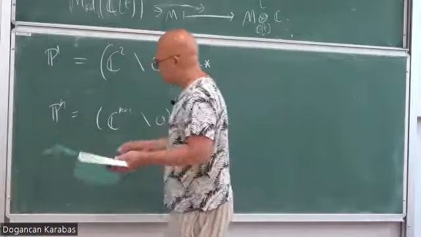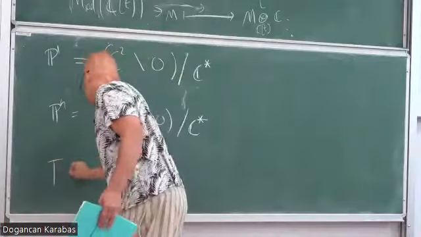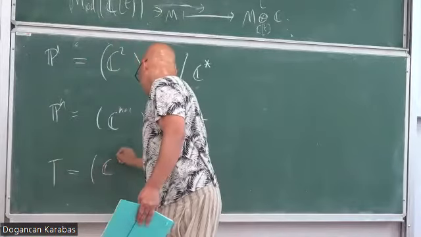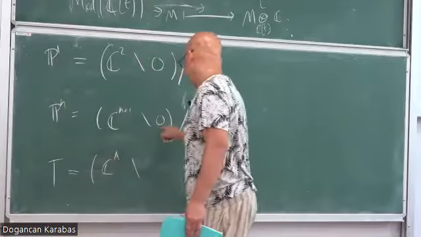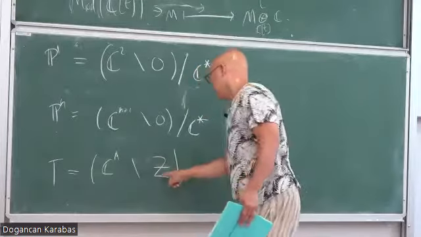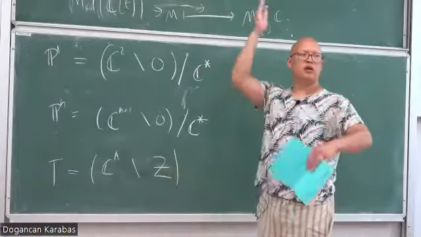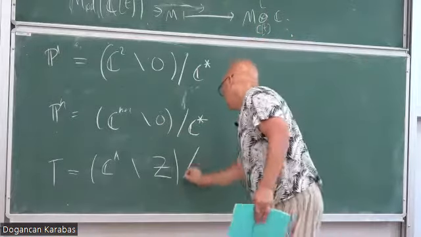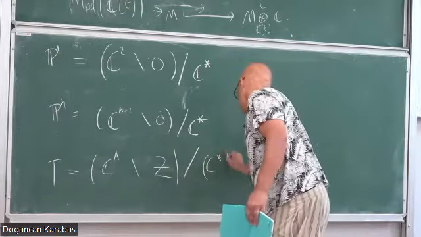And essentially all toric varieties have this similar form. It's like C to some A, minus some locus, maybe not just 0, some Z. And this Z is the union of monomial-like hyperplanes and so on, mod some C star to some power.